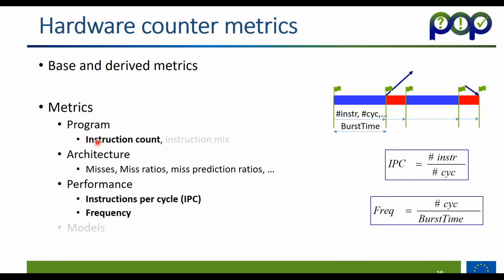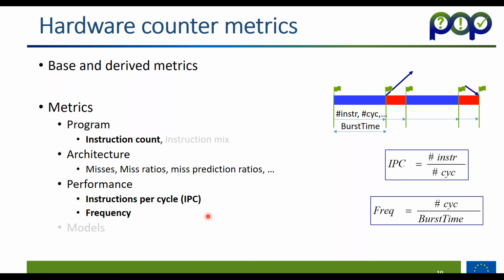In basic metrics, for example, the instructions was a counter that was already available in the trace. You could compute other metrics like cache miss ratios, or statistics about the architectural behavior. But the ones we are interested in are metrics about the performance, metrics about instructions per cycle, or about frequency.